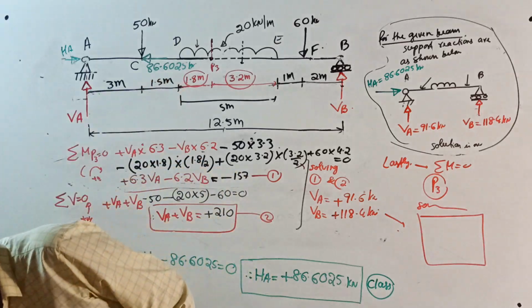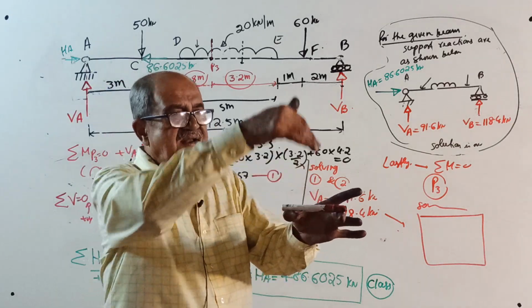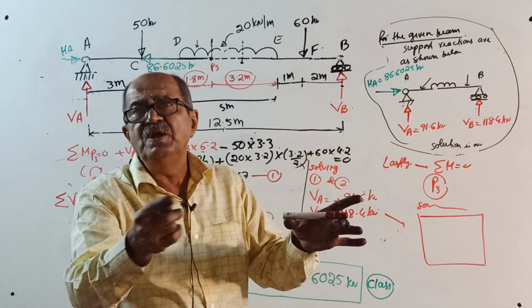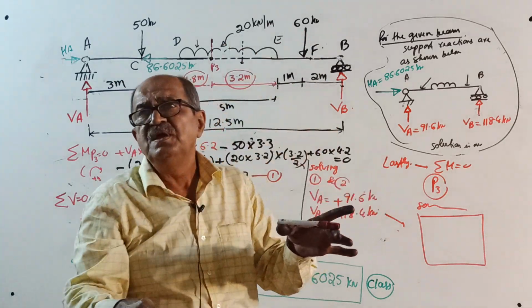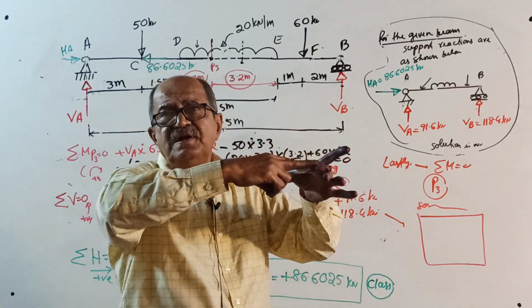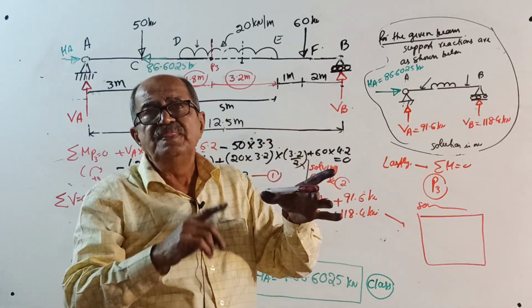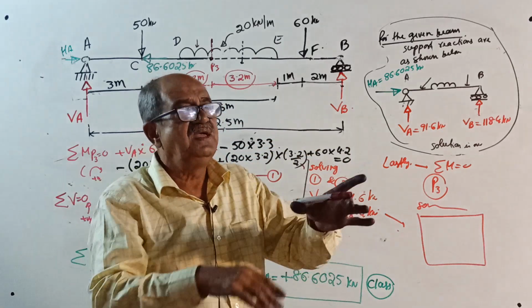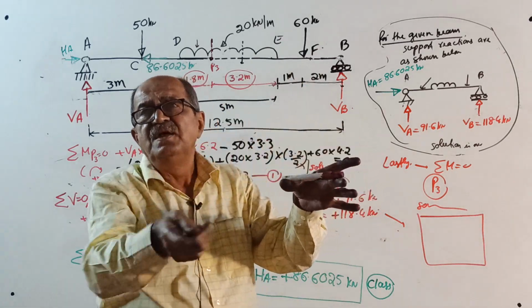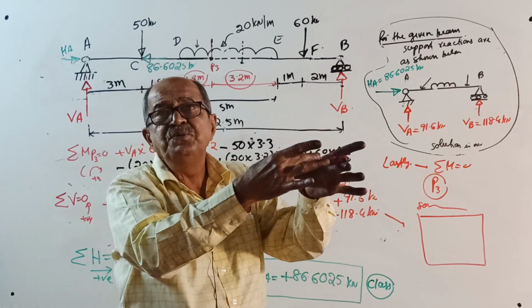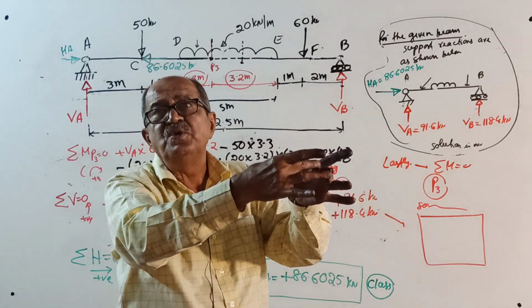Like a beam with a central point load W, beam with eccentric load W, beam with the two loads W1, W2. Then corresponding numericals, full UDL, half UDL, central portion UDL.